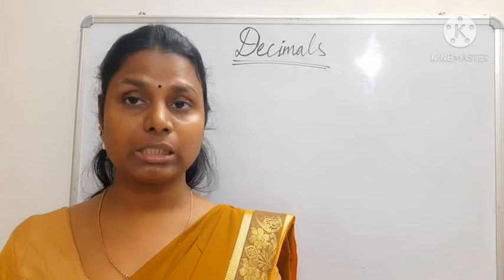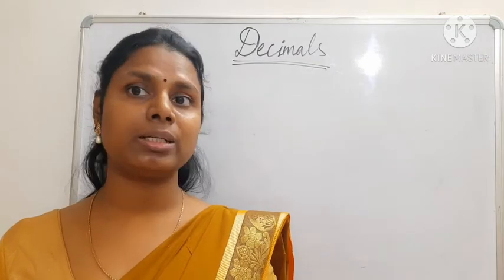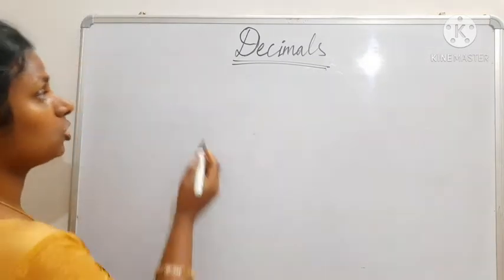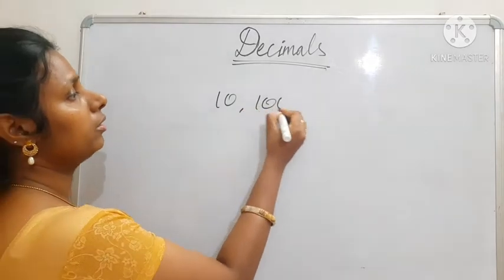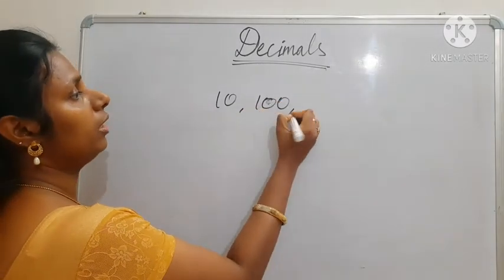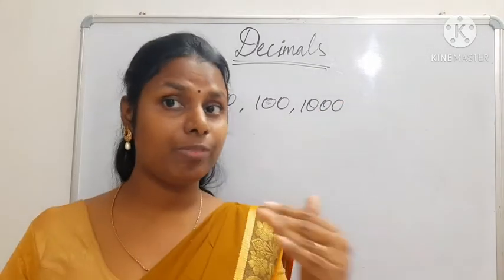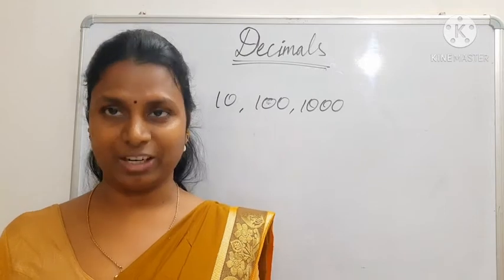Decimal fraction means the fraction in which the denominators are 10, 100, 1,000, etc. Otherwise, the powers of 10 we can say are called decimal fractions.